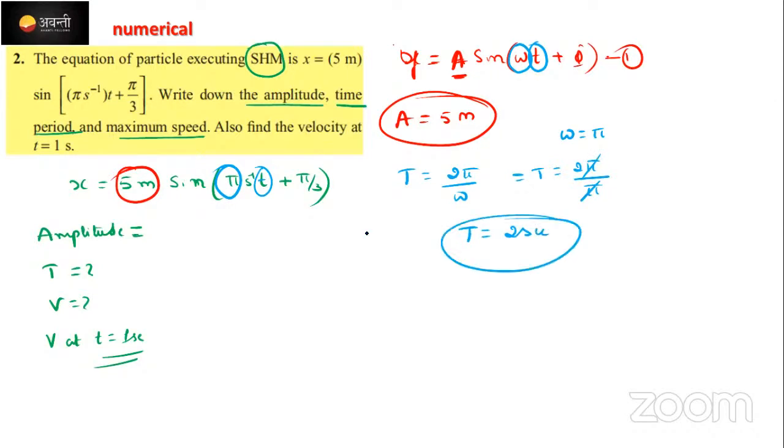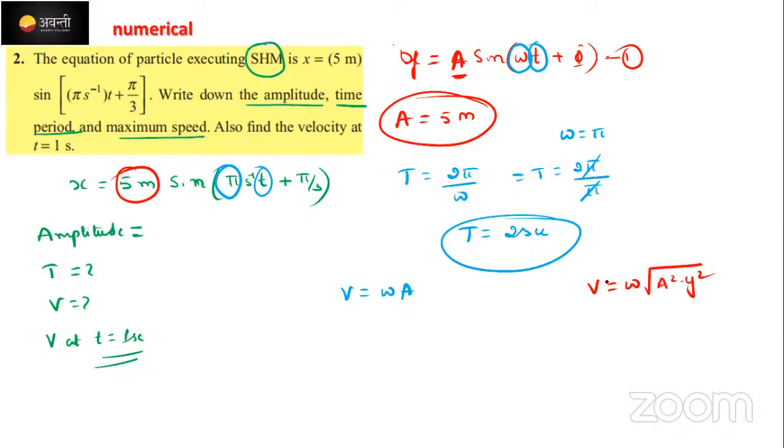2 seconds, right? And the third one was maximum speed. What is maximum speed? v is equal to omega into a, right? No, maximum speed. Actually, I told you v is equal to omega under root of a square minus y square.